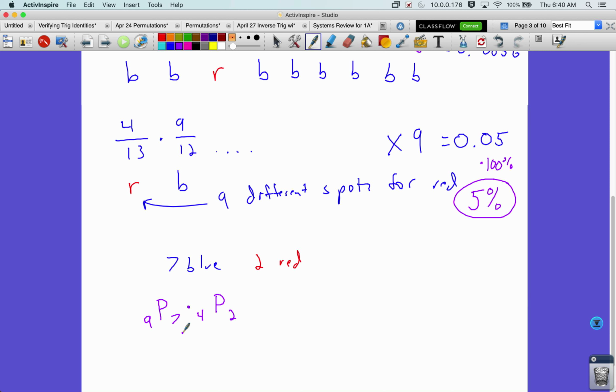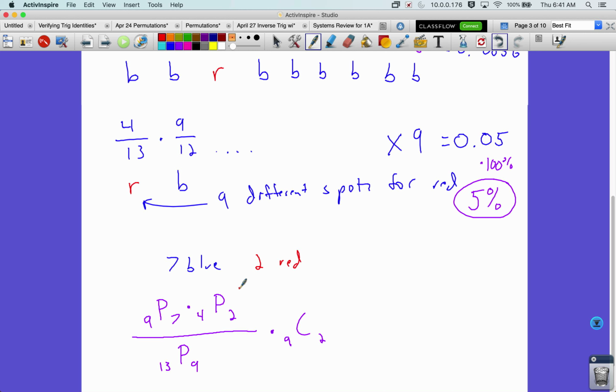All right, so that's going to be my numerator divided by 13 pick 9. And then I get to multiply all of this by 9 choose 2 for which fireworks are red.